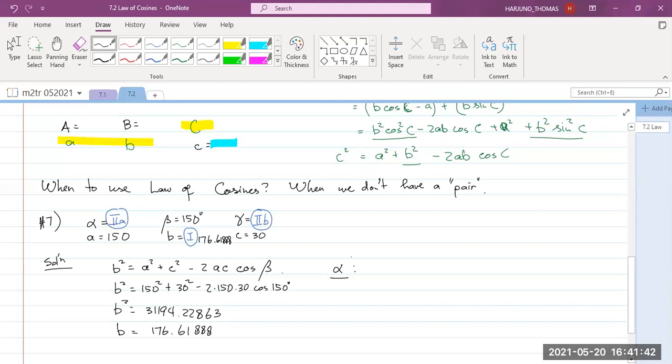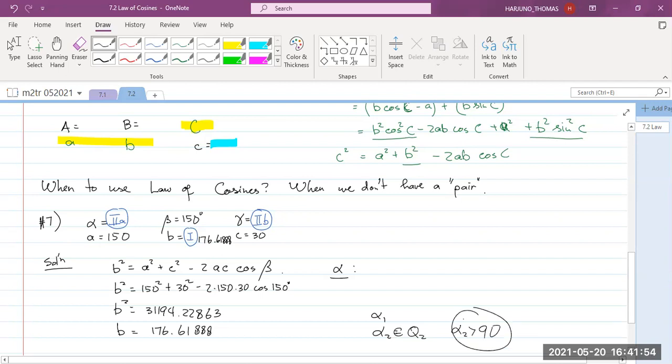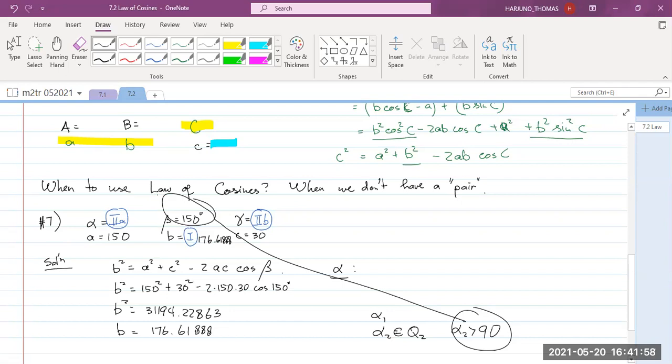Because later on when you get alpha 1, alpha 2 will be in quadrant 2, which means alpha 2 is greater than 90 degrees, but that's impossible because the other angle is already 150 degrees. Does it make sense? So I will be able to cancel alpha 2.